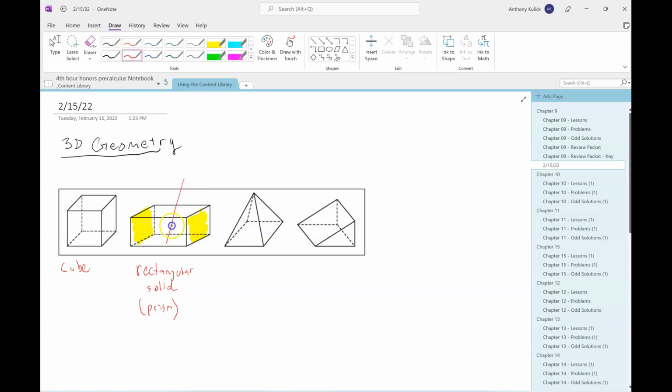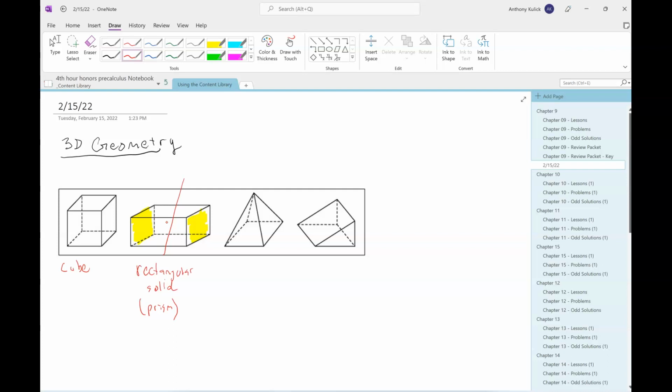And then any cross-sectional area that you chop, if you look at the piece that you've chopped, it's the same shape, or it's congruent to the base. So if you slice that box in half parallel to the bases and you take a look at what you cut, it's still the same shape as the base, right?